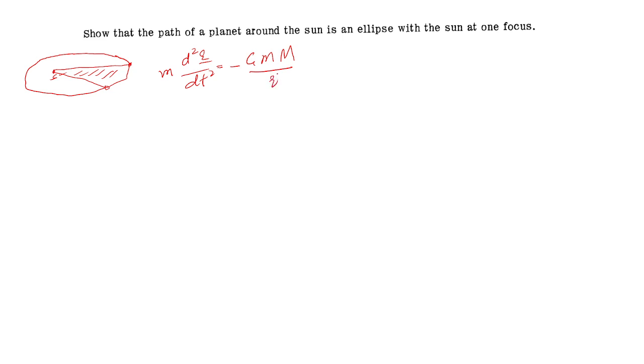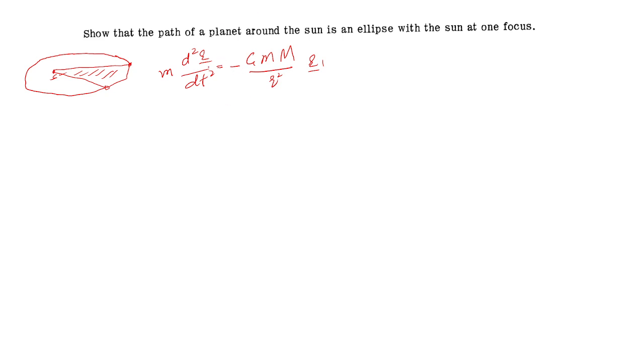So here is r square, and in the direction of r1. The planet has mass small m and the capital M represents the mass of the sun. So this is the equation of Newtonian mechanics for gravitational force.